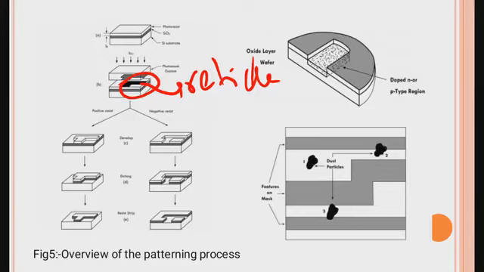Then the pattern is transferred towards the chip, and the pattern transferred depends upon what kind of photoresist you have chosen.